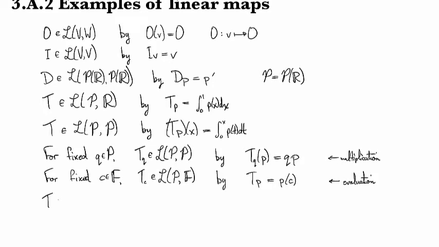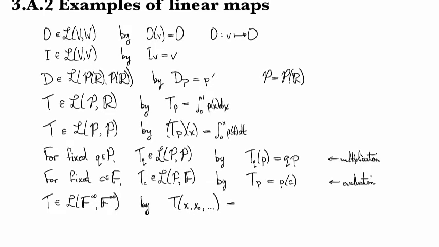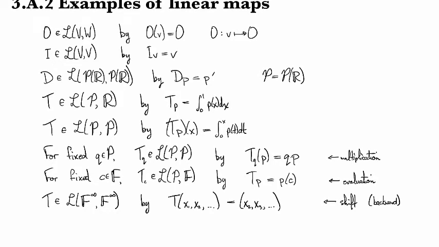So what else? Let's look at some spaces of sequences. If I take F infinity and map it to F infinity by saying T of x1, x2, and so on and so forth is x2, x3, and so on and so forth. So this is a shift, the backward shift, because everything is shifting one spot to the left.